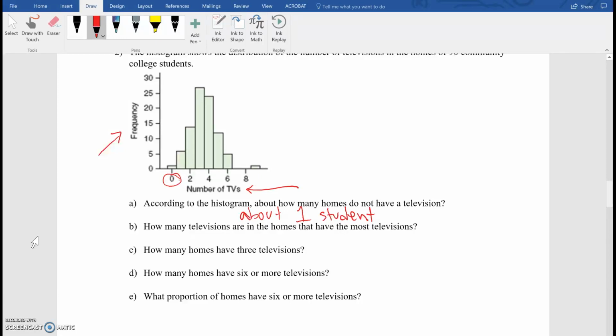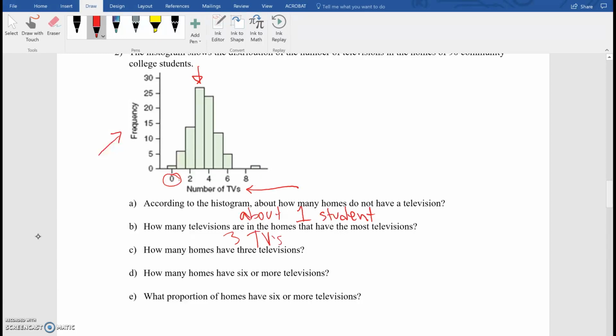Which one am I looking for? Which one has a bigger bar, because that's going to have the most televisions. The one with the bigger bar is this one, much higher than everyone else. So how many televisions are in there? Here's 2, so this one must be 3. So there are 3 televisions. Perfect.